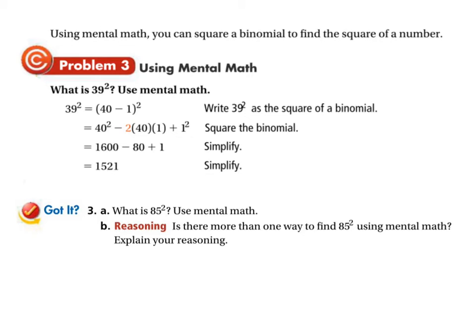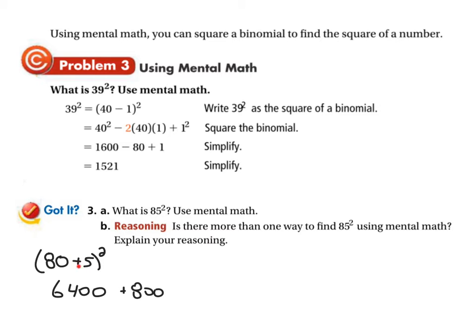Okay, so essentially if you're doing 85 squared, you can think of 85 as 80 plus 5, squared, right? And if you squared 80, 8 times 8 is 64, add those two zeros, 6,400, okay? For the middle, you've got to multiply this times this times this is 400, and when you double that, you get 800.